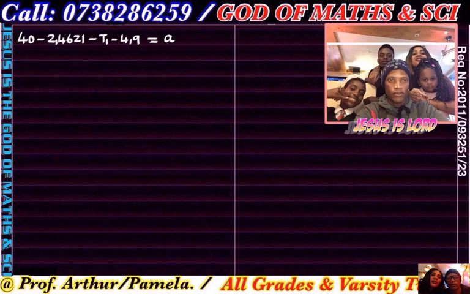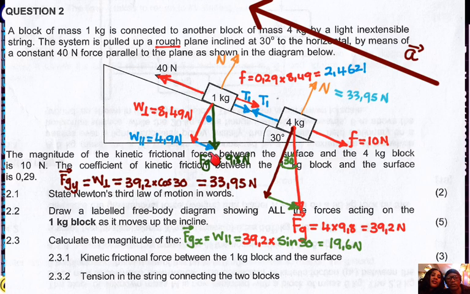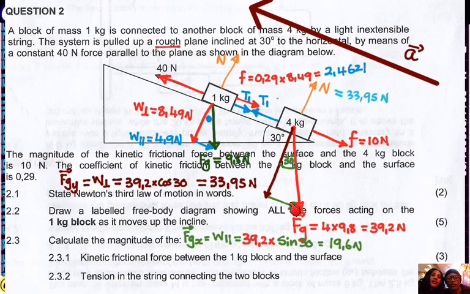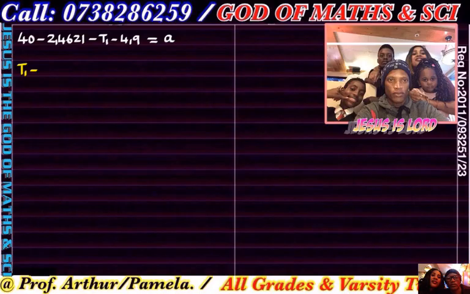The second one, let's verify we didn't miss anything. 1, 2, 3, 4. All right. For this one here, the 4 kg, we take the upwards one, which is tension 1. So it's going to be T1 minus everything that's pointing to the bottom, this green one here, which gives you 19.6.